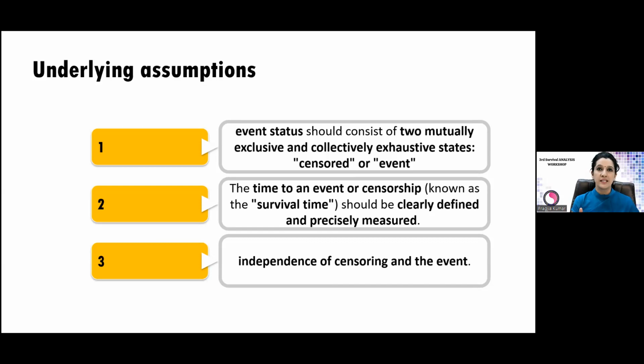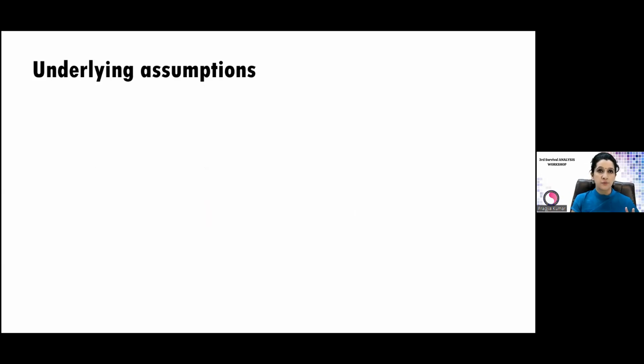Like in this case, the censored babies whom we did not have a true follow-up time or a true survival time, we assume that they were not censored because there was a cessation of breastfeeding in them. So the reason for censoring should be different from the event which we are studying. That is one assumption. Otherwise, the observed survival time will never be accurate. So this is one assumption which we check.